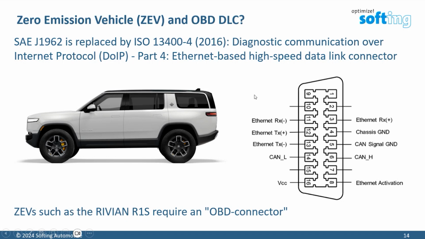That means that zero-emission vehicles, such as the Rivian pickup here, require an OBD connector. Each ZEV that needs type approval in the future, in the next 3-4 years, has to support J1979-3 and therefore needs such an OBD connector.